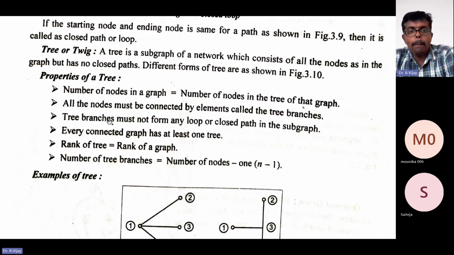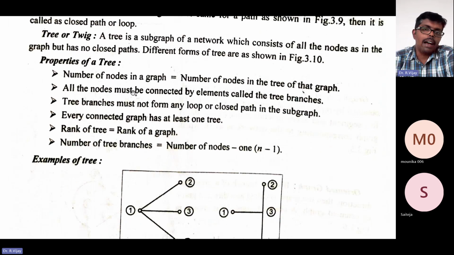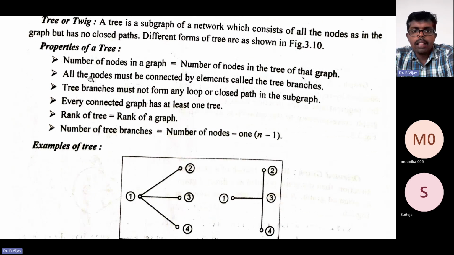Okay, what are the properties of a tree? The number of nodes in a graph is equal to the number of nodes in a tree of that graph. All the nodes must be connected by elements called tree branches.